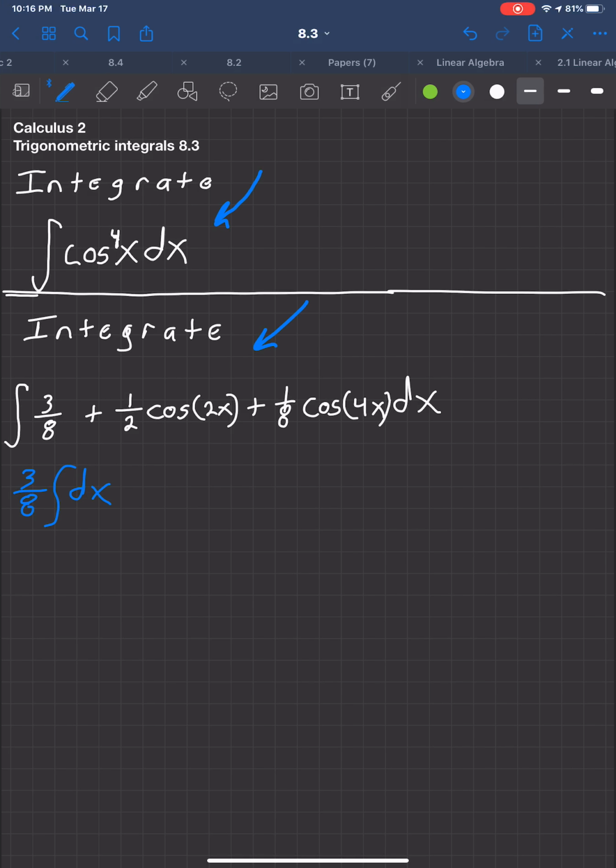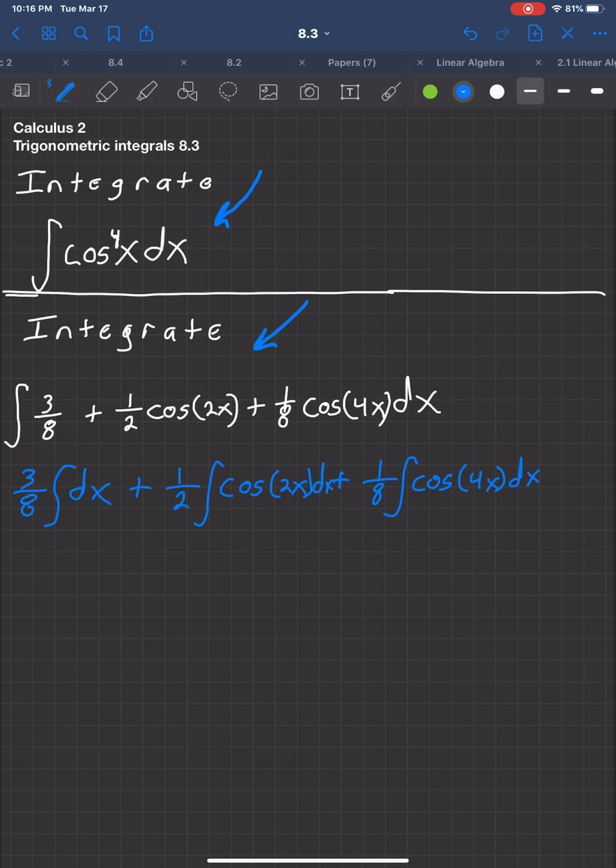And to that, I would want to integrate, bringing that 1/2 out of the integral. And then I'm also going to take 1/8 and bring that out in front of the integral. And don't let me forget my dx's.